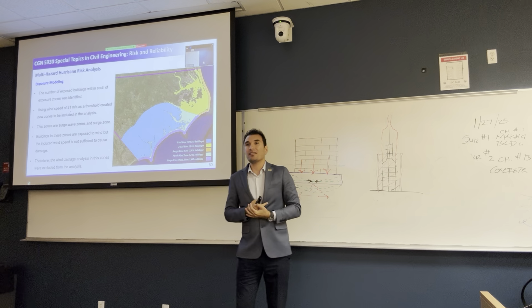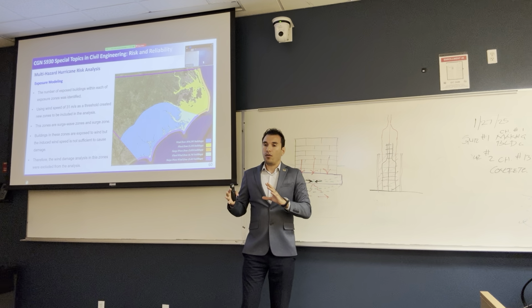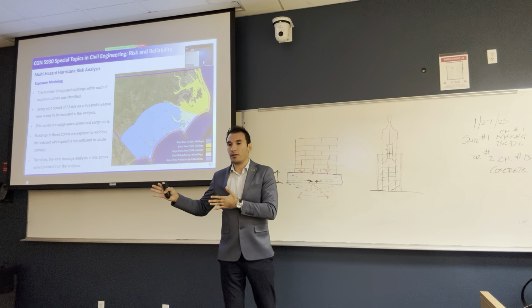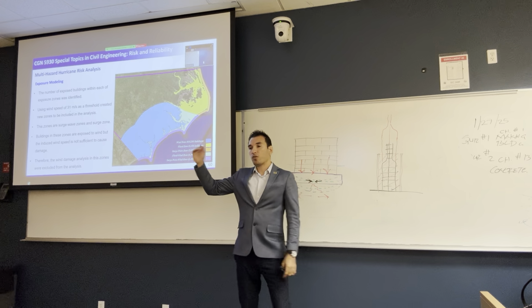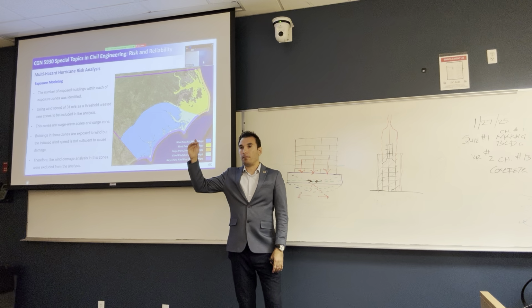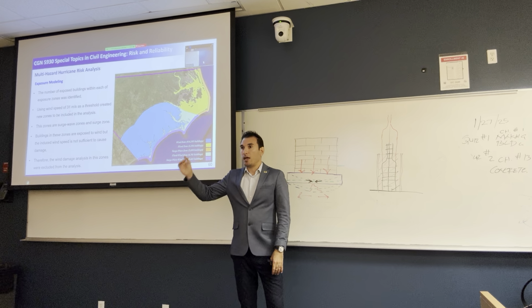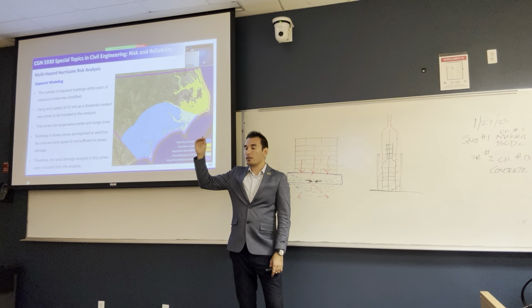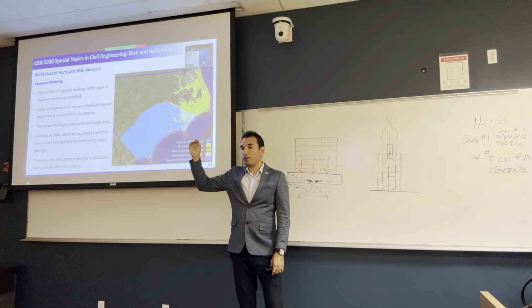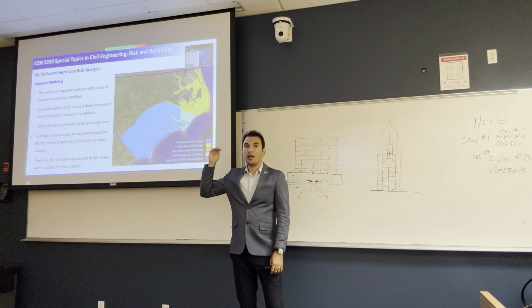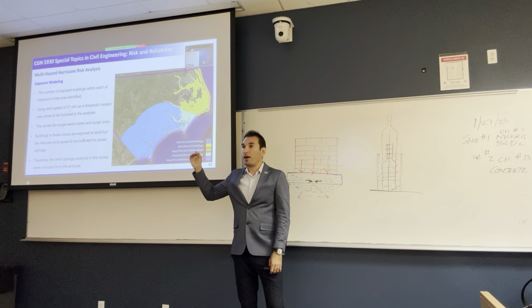But when I did the analysis, rather than dividing it into many zones and developing a separate function for each zone, I tried to list every building and see what hazard it's exposed to. Let's say a building has a wind speed of 120 miles per hour, storm surge of 2 meters, and a wave height of 1.5 meters.